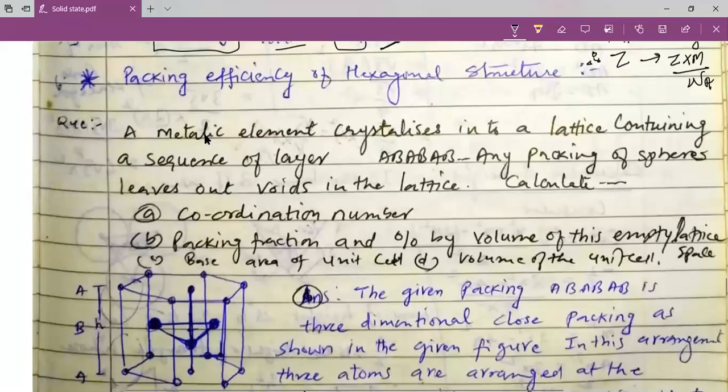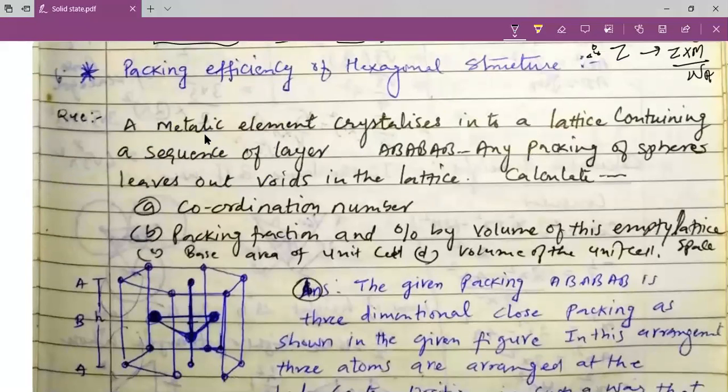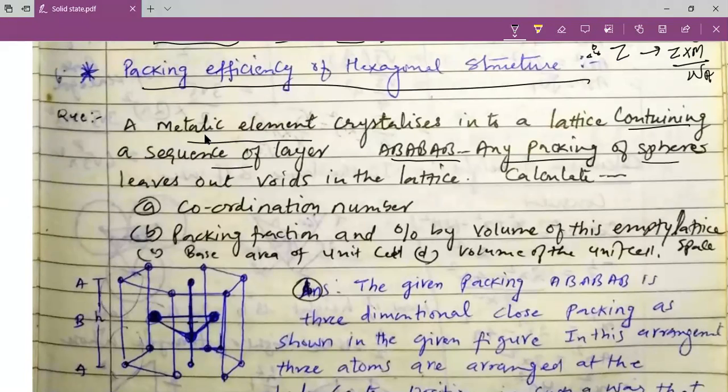Now, my dear students, this is something extra. What I'm going to share with you is the packing efficiency of hexagonal structure. Let us read the question. A metallic element crystallizes in a lattice containing a sequence of layers AB, AB, AB, AB. Any packing of spheres leaves out voids in the lattice.